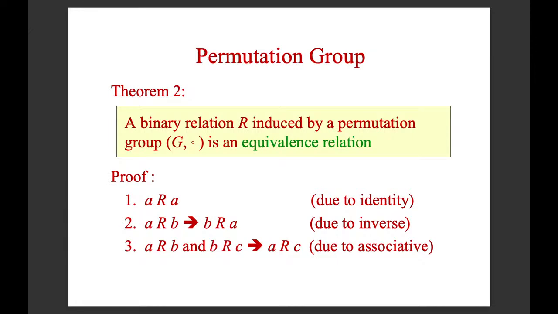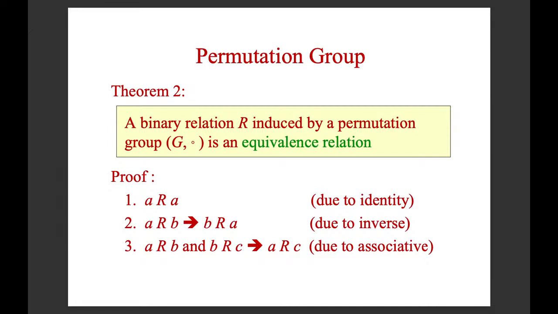The answer is also yes, because for each permutation there is an inverse. If such a permutation maps A to B, then the inverse must map B back to A. Because of this, the relation follows the symmetric property.